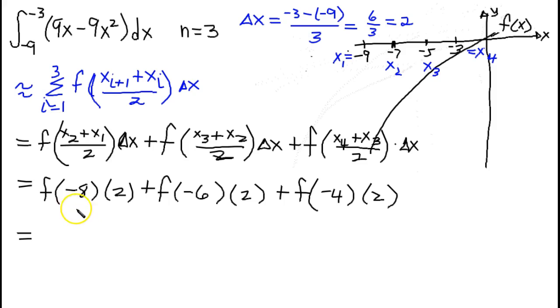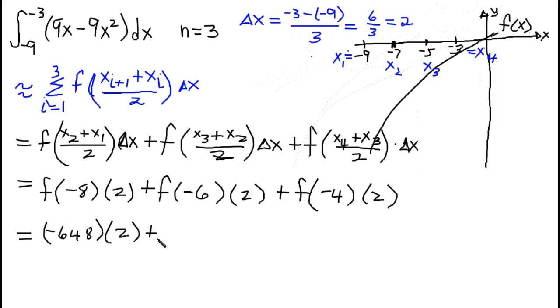Now I need to figure out what f of negative 8 is. To do that, all we have to do is plug negative 8 into our function, 9x minus 9x squared, and you'll get that f of negative 8 is equal to negative 648, times 2.